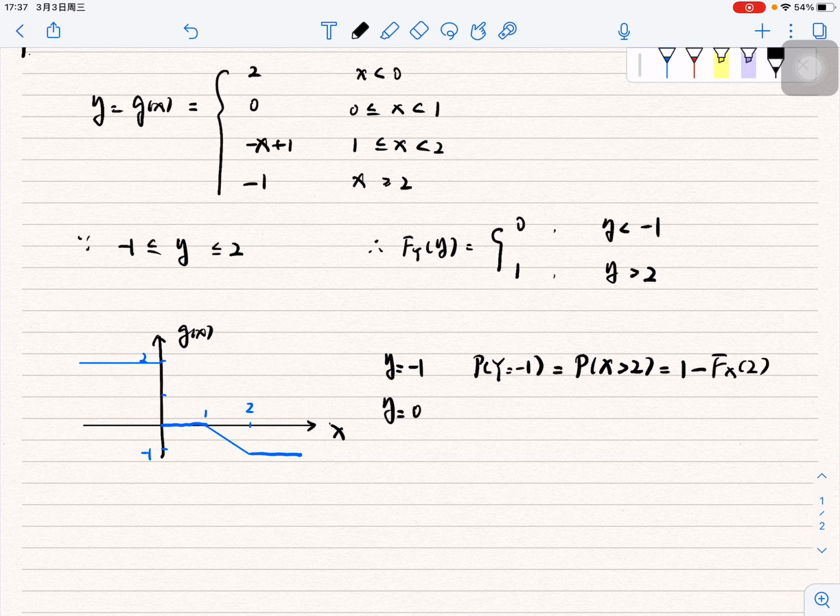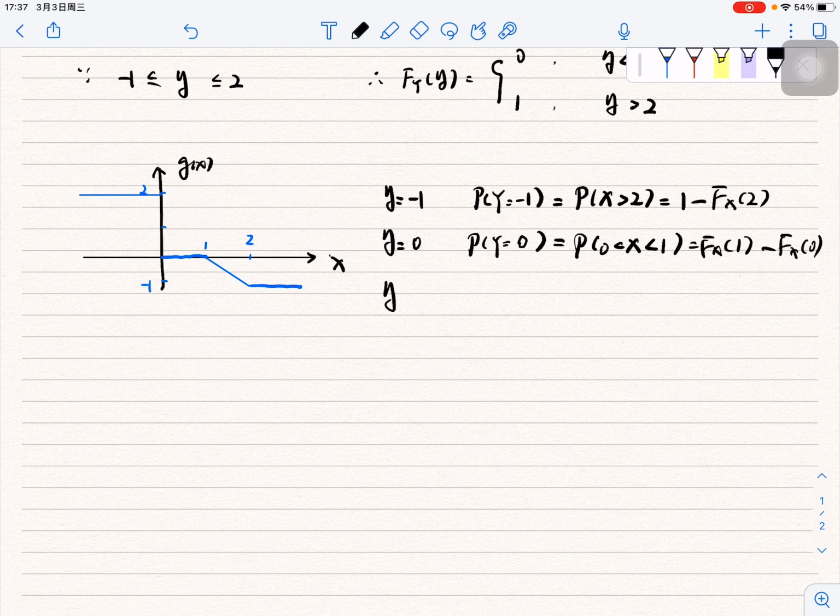And when y equals 0, the probability y equals 0 equals the probability 0 less than x less than 1, which equals Fx(1) minus Fx(0).